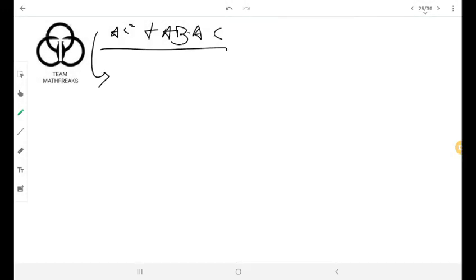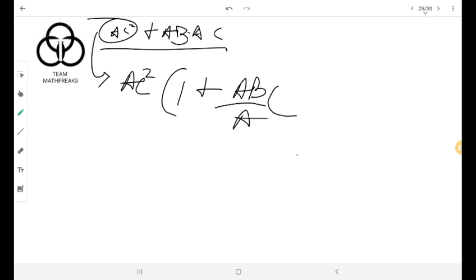What can we write? Let's take AC square common. AC square times 1 plus AB over AC. Is this common taking method clear?